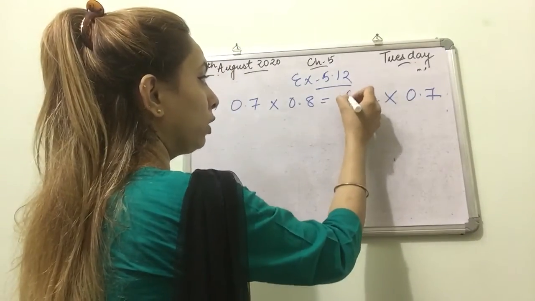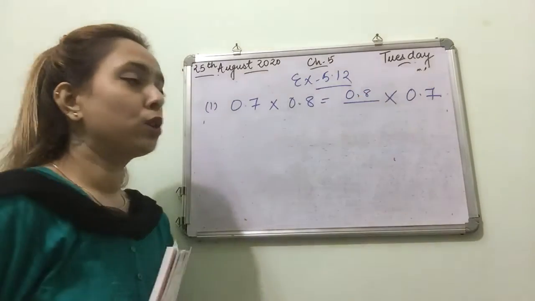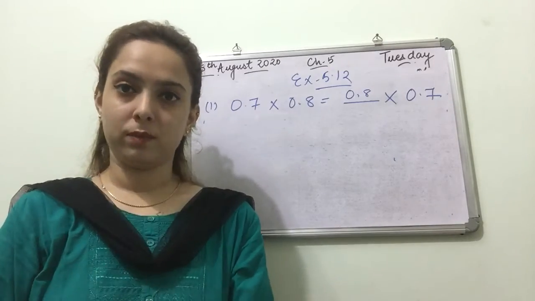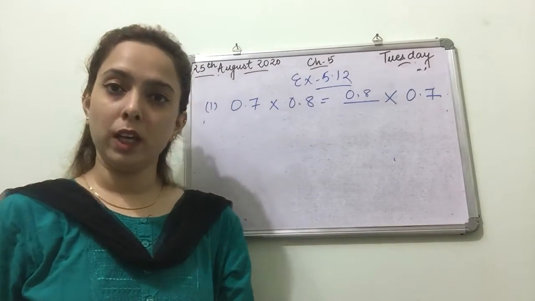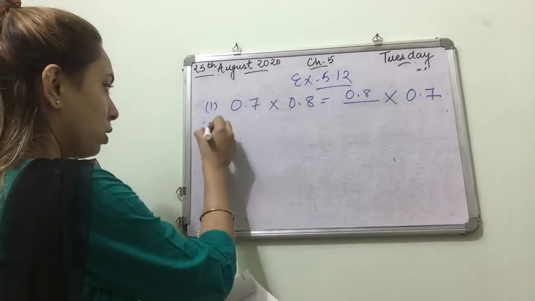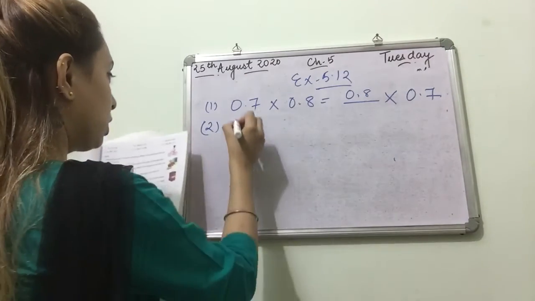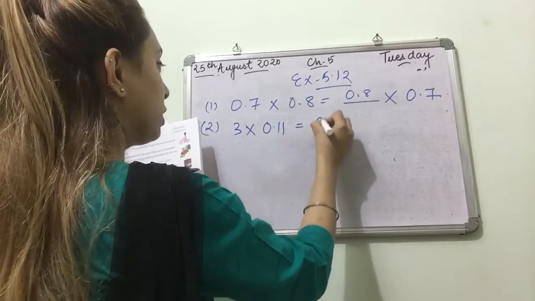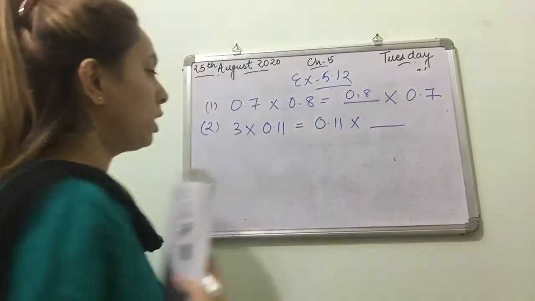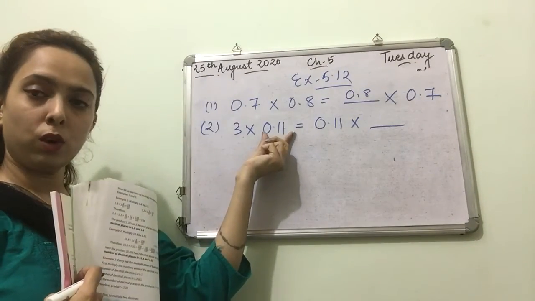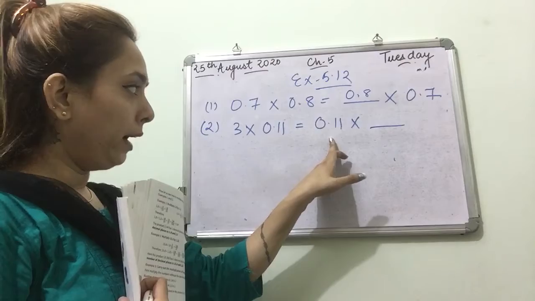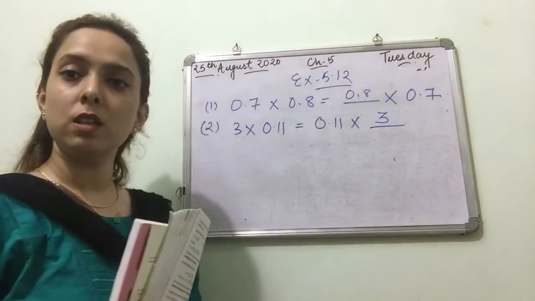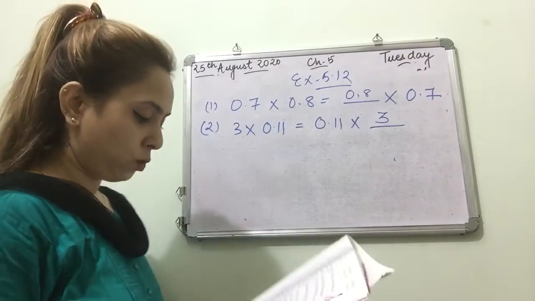So here automatically your blank will be filled by 0.8, and this is property number 1. In this way you have to apply all these properties. So second question is 3 multiplied by 0.11 is equal to 0.11 multiplied by dash. Here 0.11 was on the second position, here it is on the first position, so we have interchanged the places. Again, this is property number 1.